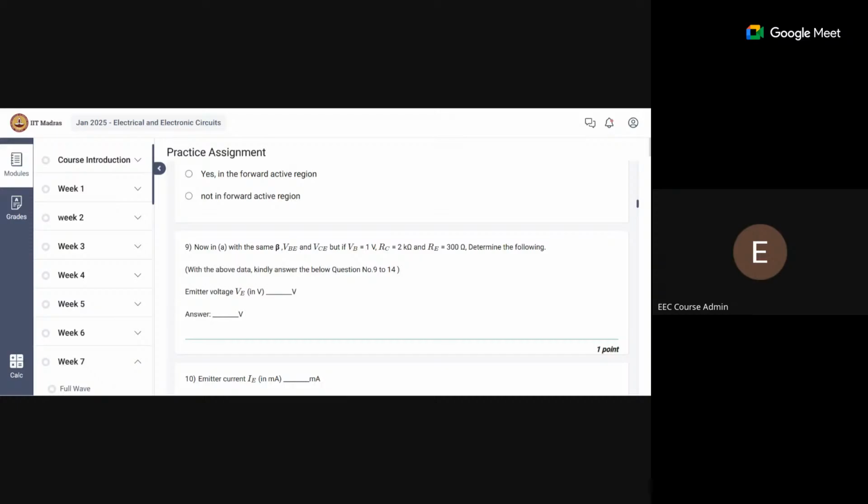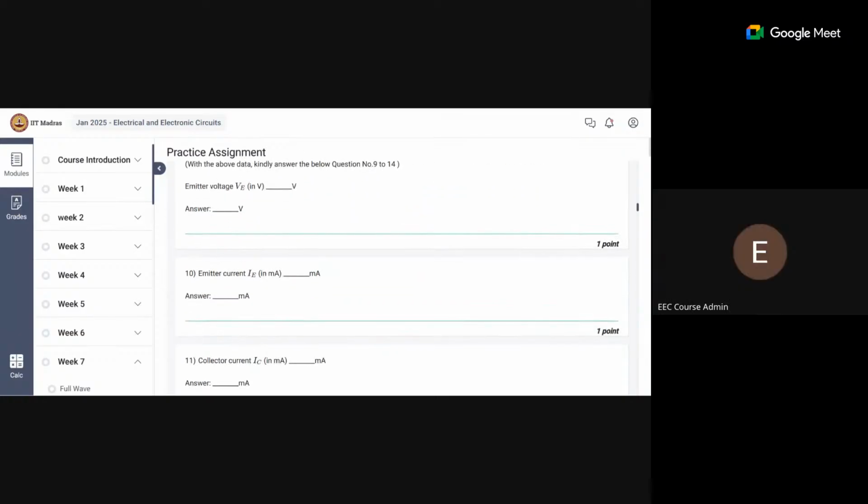So by varying those values, these values can also vary. In the second case, the values are varied, including VCC also. That's why maybe in the first case it would have been 10, and in this other case it would have been 12. Okay, ma'am.